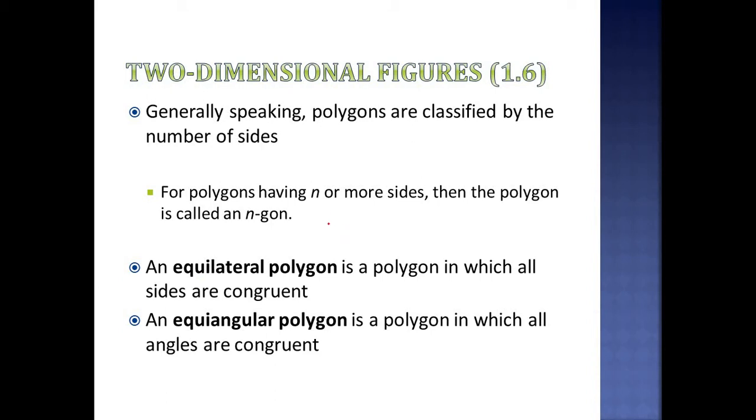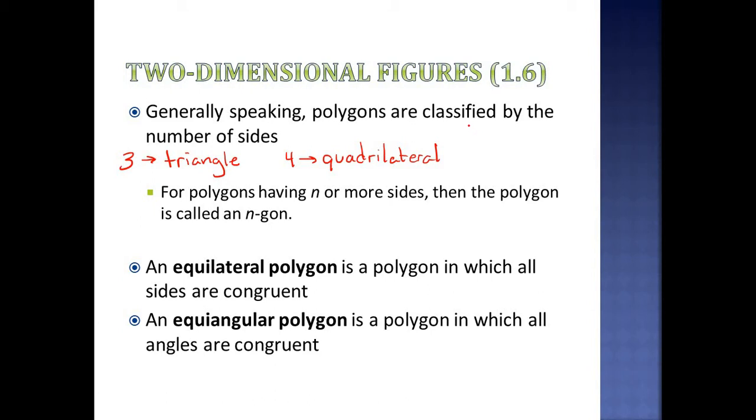Generally speaking, polygons are classified by the number of sides. If a polygon has 3 sides, it is called a triangle. 4-sided is a quadrilateral. And then you could go through the process for 5 sides all the way up to 10 sides.